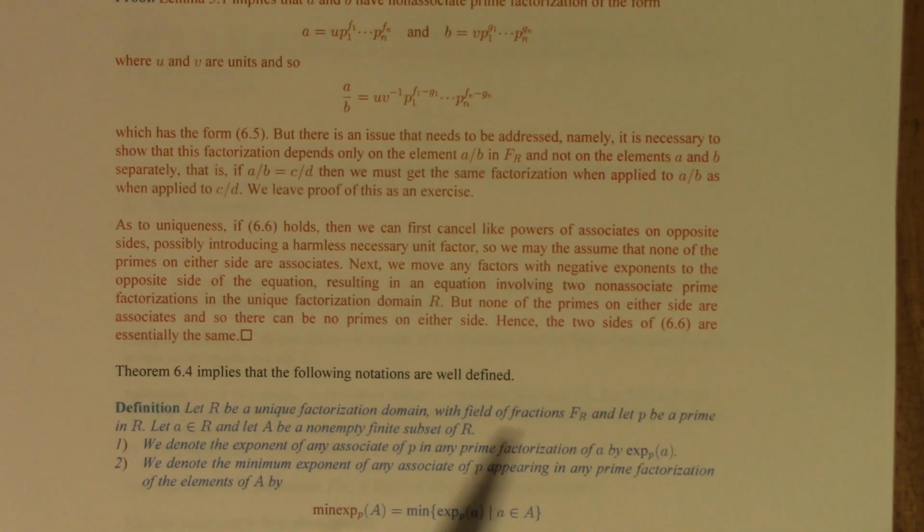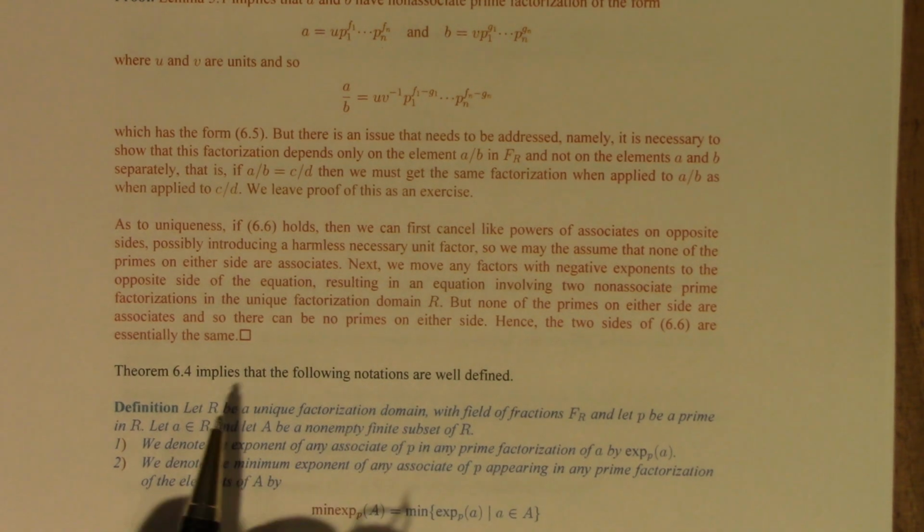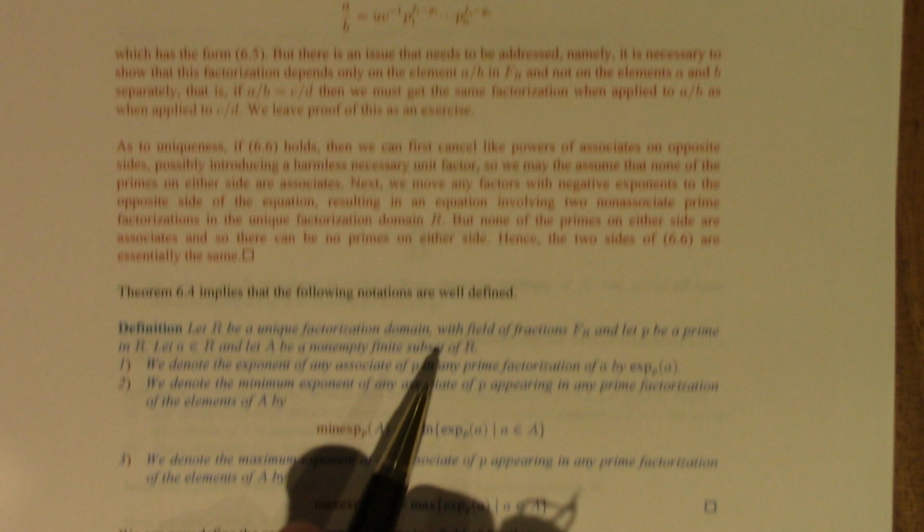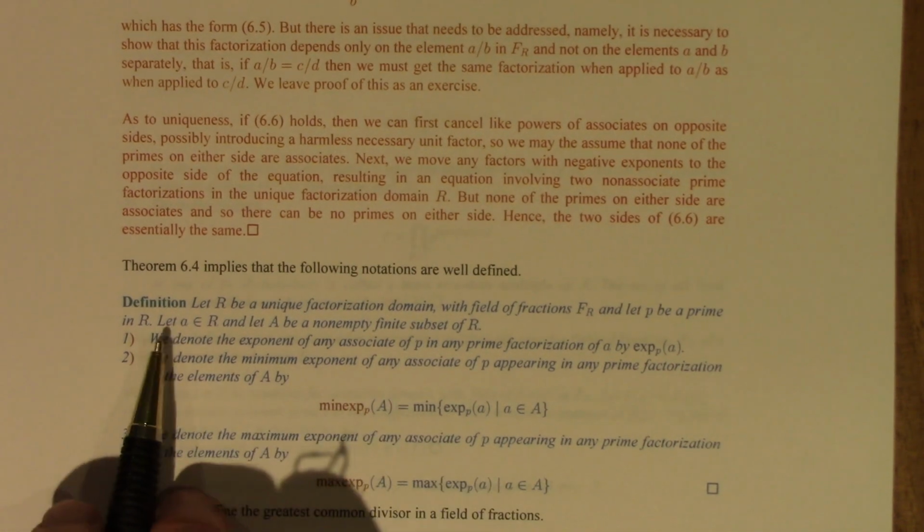because now we can introduce the following definition, which will lead us to the definition of the content of a polynomial over a field of fractions. So let R be a unique factorization domain and let P be a prime.